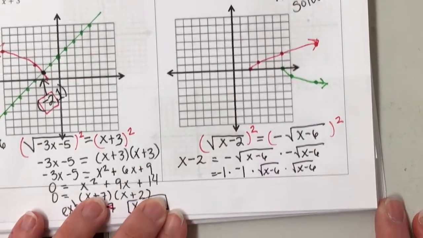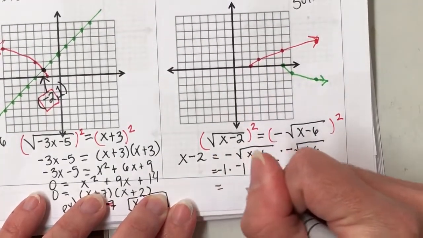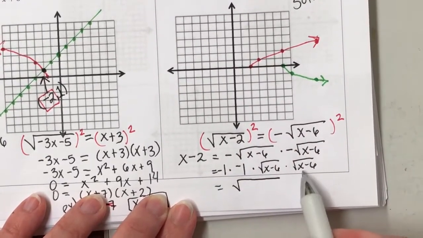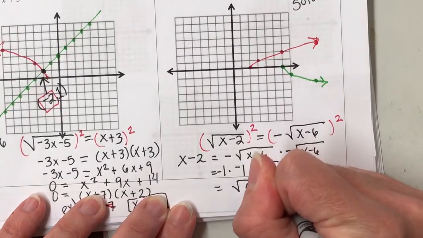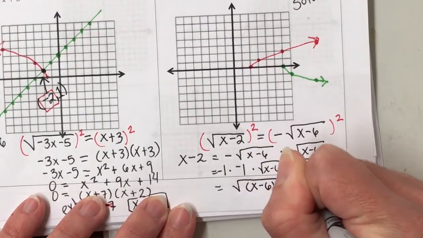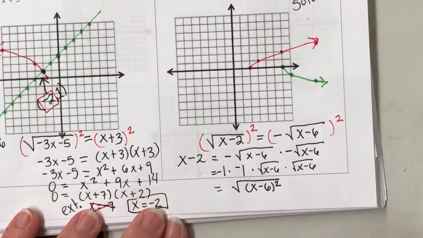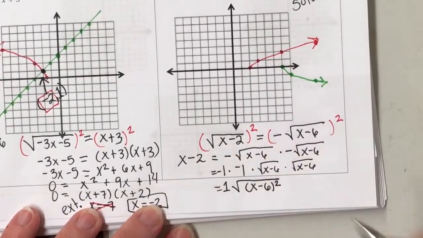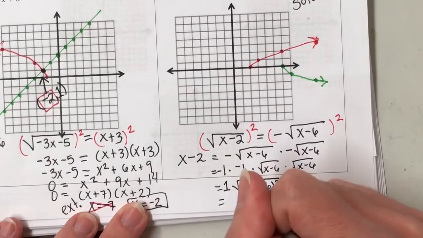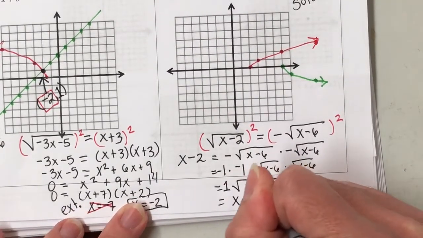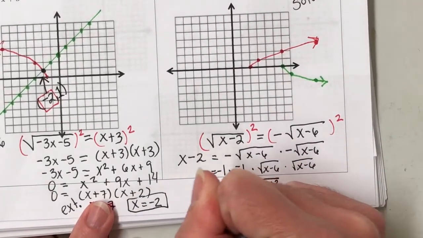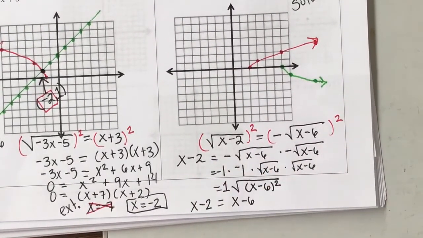Well, negative 1 and negative 1 give me positive 1. And because I have the same root, I can write them under the same radical. So that becomes the square root of x minus 6, quantity squared. And because it's the same thing under the radical, your radical's now gone, leaving me with x minus 6 on one side and x minus 2 on the other side.